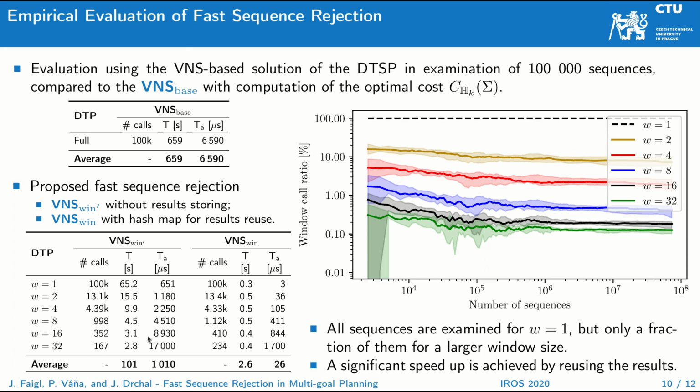The overall benefit is in rejecting most of the sequences using short windows. If we introduce the reuse of the results, we significantly improve the computational performance, because for many subsequences, results are successfully retrieved from the previously stored solutions.